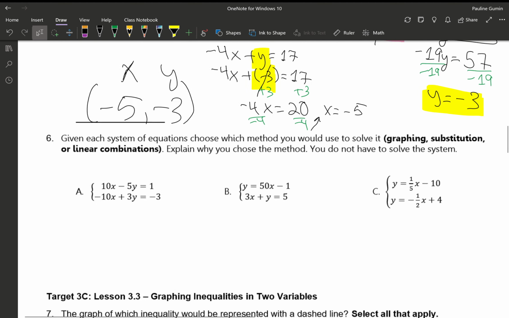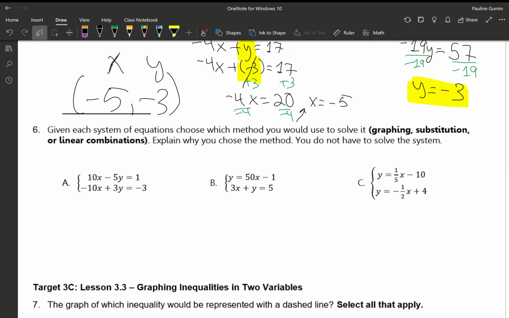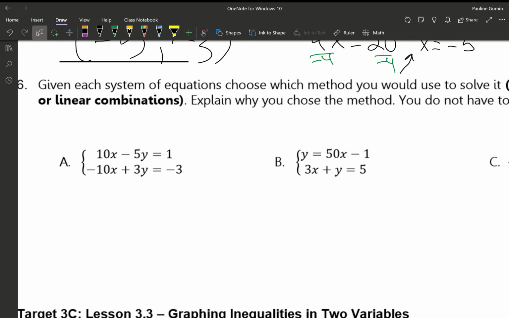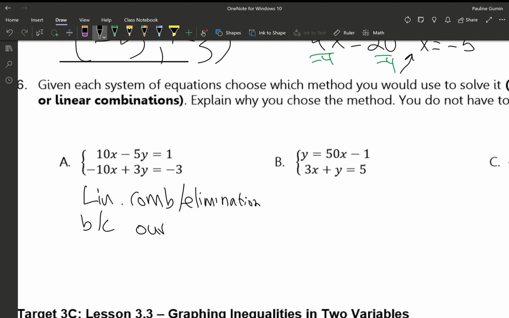Okay. Number 6. Given each system of equations, choose which method would be best, and let's explain why we chose it. So letter A. For letter A, I would choose linear combination / elimination because our x's are opposites.